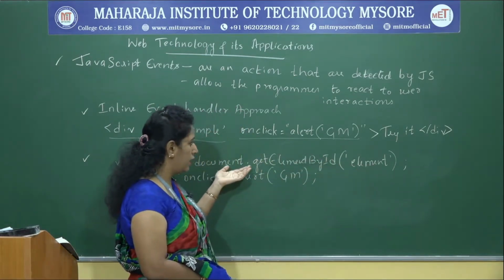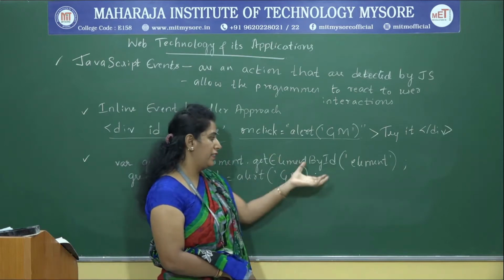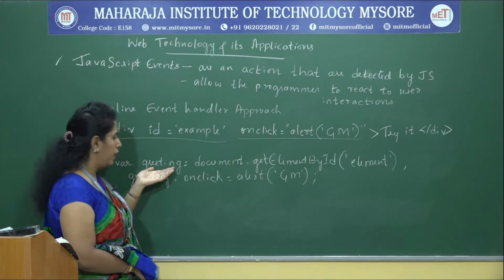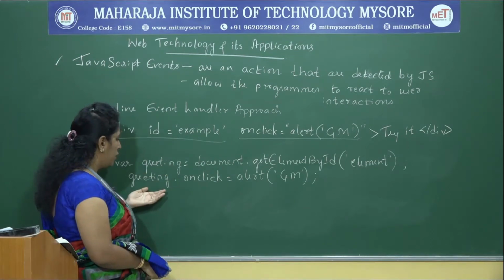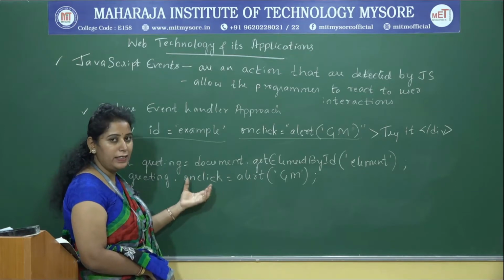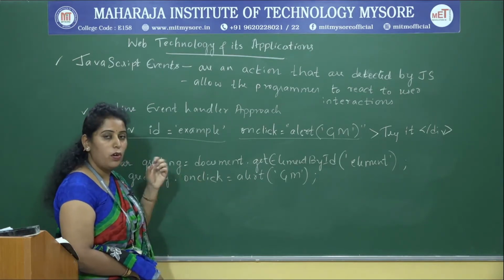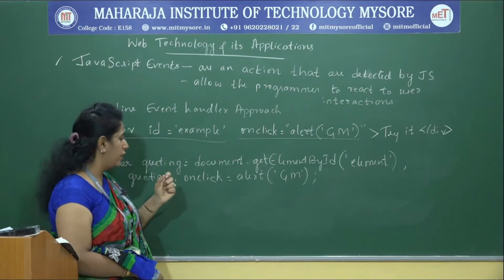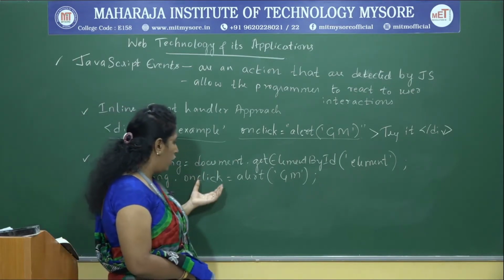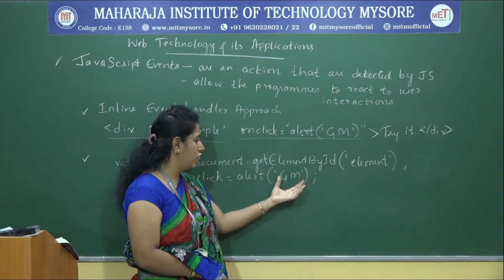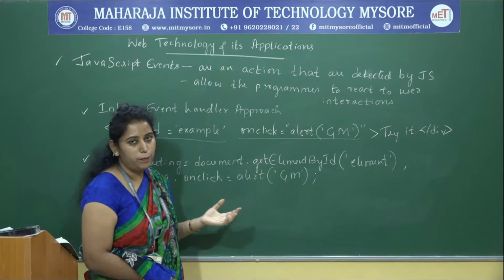Through this JavaScript property, we access the element and store it in a temporary variable. Through this temporary variable, we call an event handler, that is onclick, which performs a certain event. When you click on the element, it alerts the message good morning.